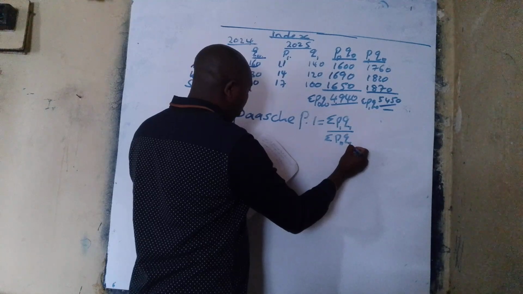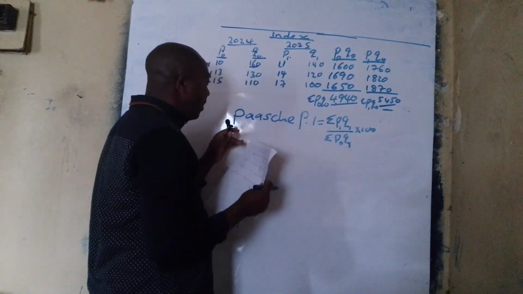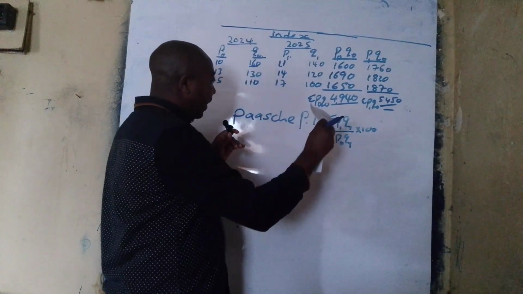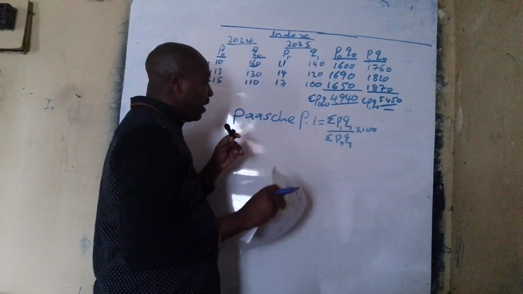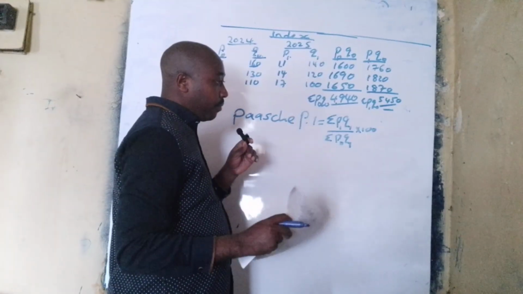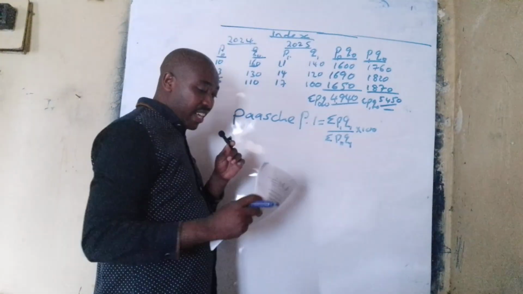You can see the difference between Paasche and Laspeyres is that Paasche focuses more on the current P1Q1, but Laspeyres focuses more on the previous P1Q0, P0Q0. That is the difference.